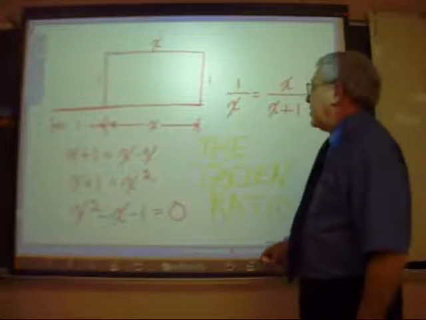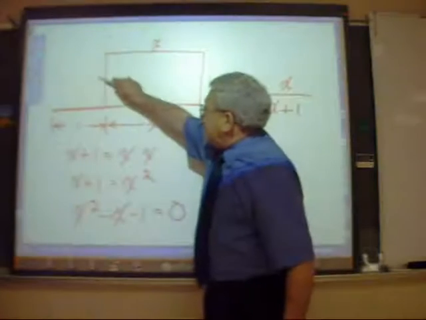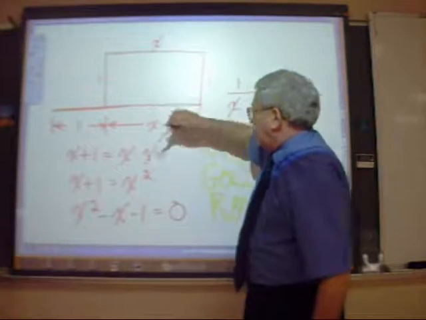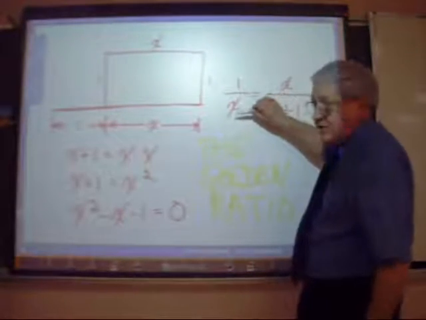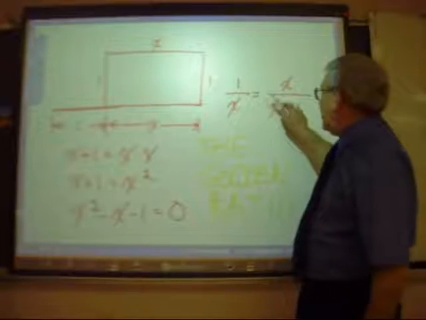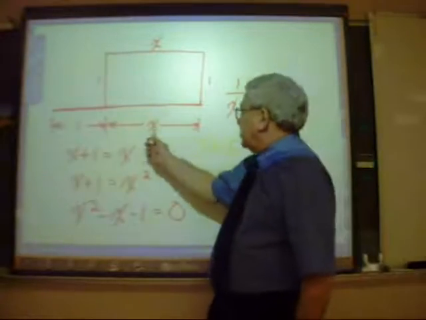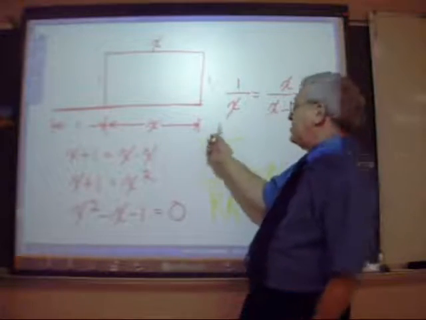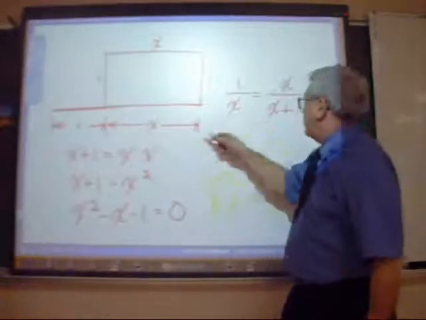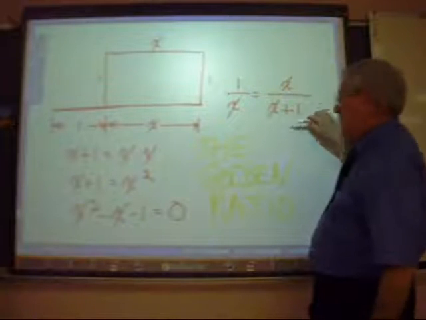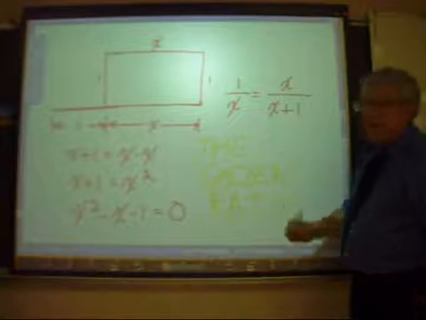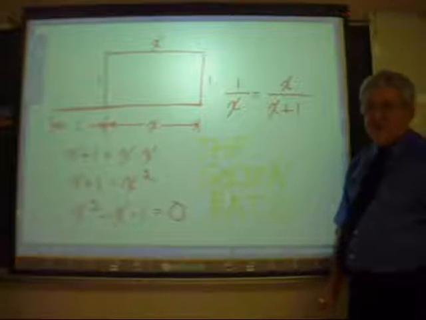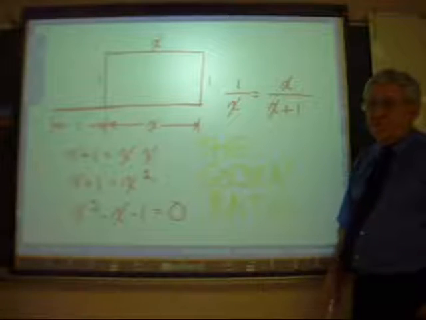The ratio we set up is the length of the small side to the longer side, 1 to x, is the same ratio as this longer side x to the entire length, x plus 1, x to x plus 1.